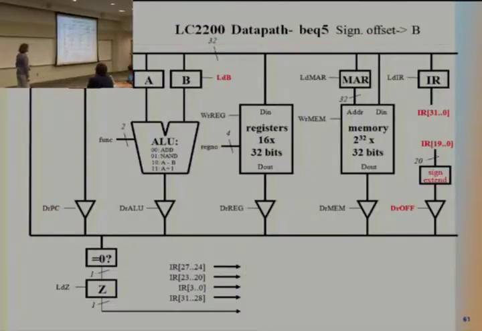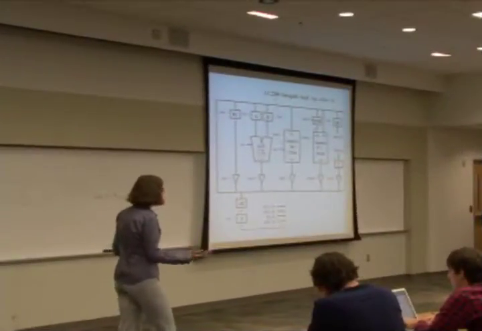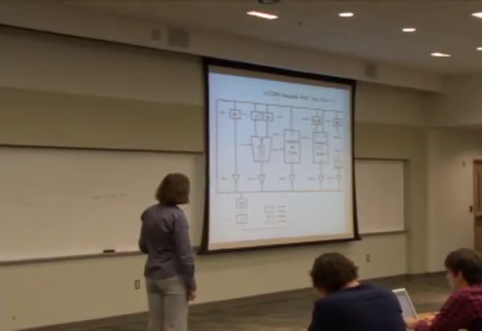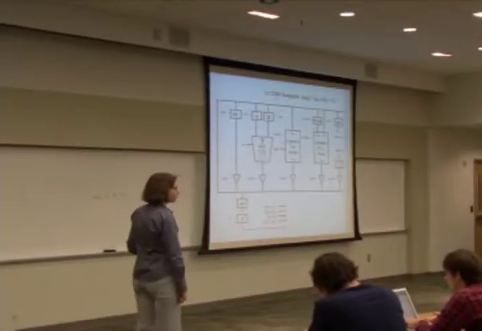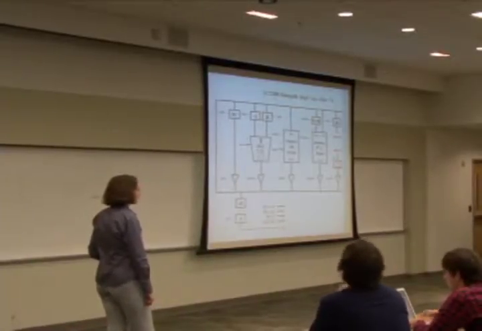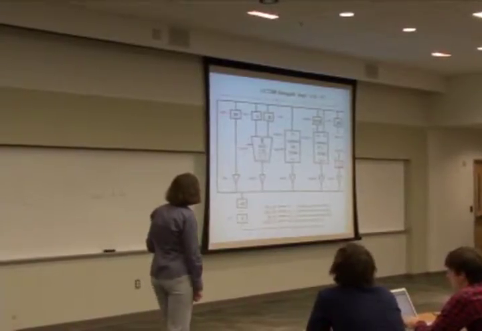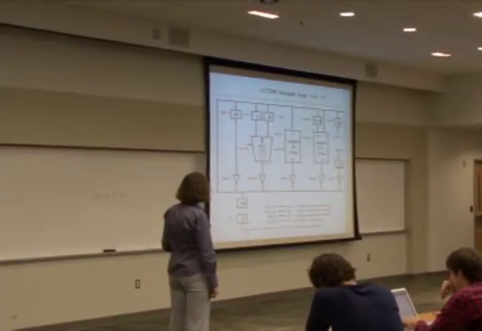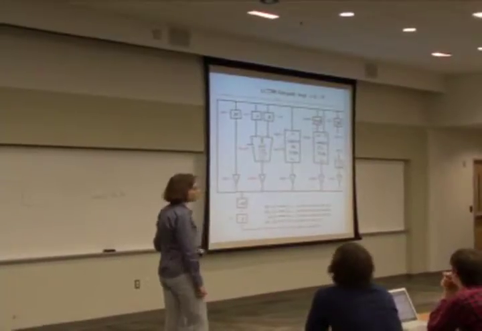Then the next step is we need to get the signed offset. Signed offset is again the last 20 bits from here. You just drive this line and you write it into B. When we do that, we add these two numbers by setting function to 0, 0 and drive ALU and then write that into PC.